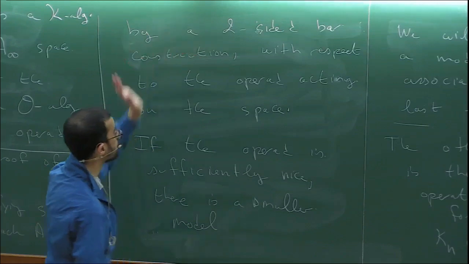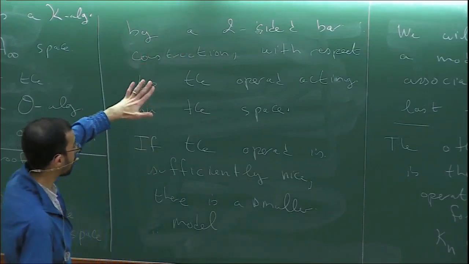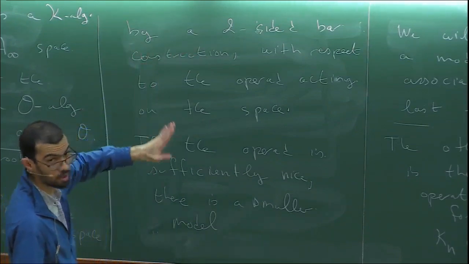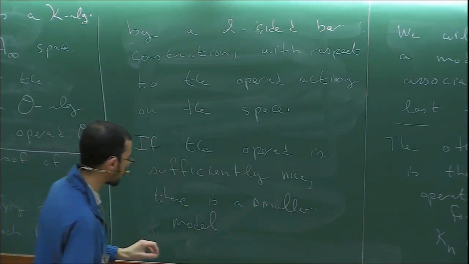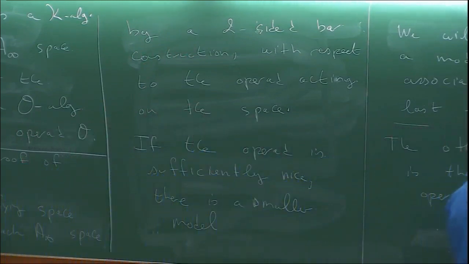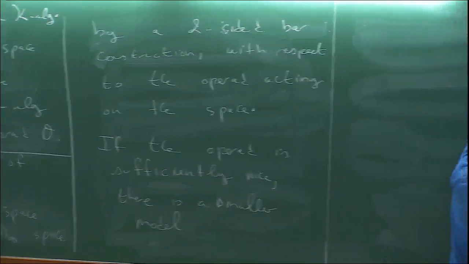Roughly speaking, you first do a bar construction on the operad and then you apply it to the space. So it's like twice as large as the usual bar construction, which is already quite large. So you can get away with something much smaller.